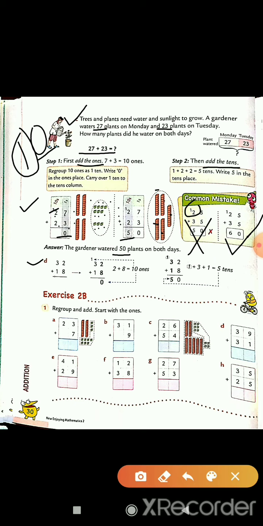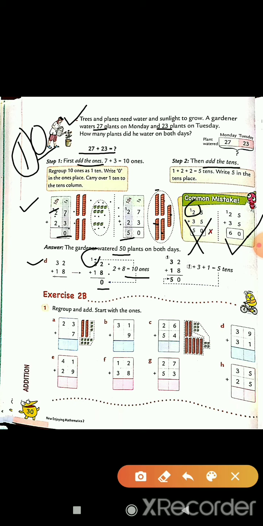Next example, 32 plus 18. At the ones place, 2 and 8 are there. So 2 plus 8 gives us 10 ones. We have to regroup 10 ones as 1 ten. So write 0 in the ones place and carry over 1 ten to the tens column. After that, you have to add the tens.